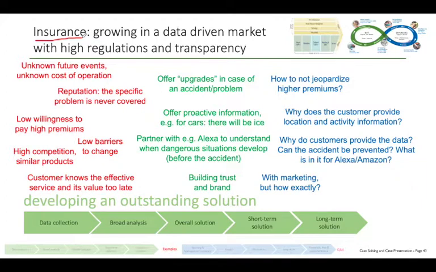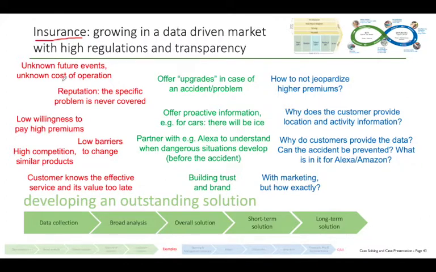So the data collection and broad analysis would lead to observations such as: the insurance itself has unknown future events. Of course, there are statistics, but we don't know if these statistics prove true for the future. So we don't know the cost for our operations or the cost that we have to pay for the damages. Yes. Reputation.